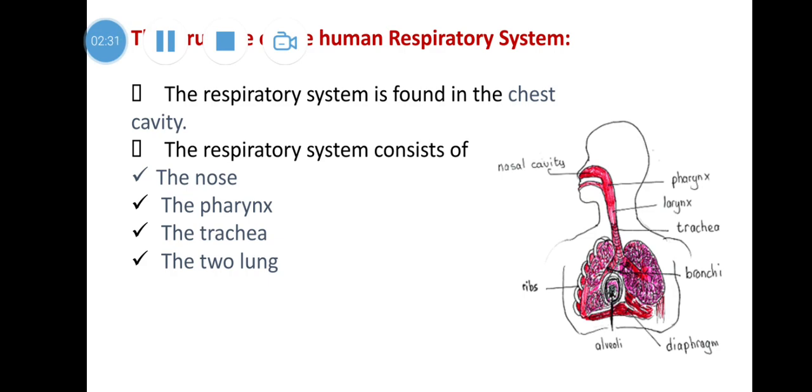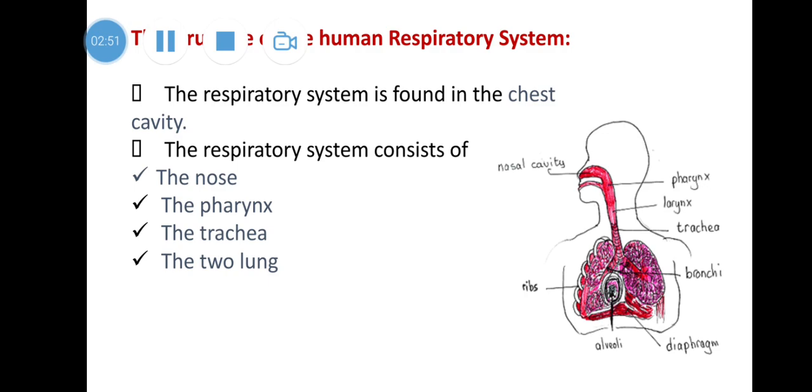This is the structure of your respiratory system: the nose, pharynx, larynx, trachea, two bronchi, and also bronchioles and diaphragm.